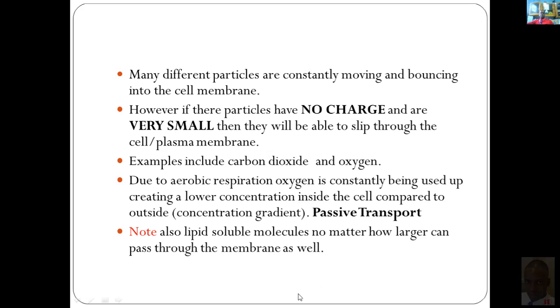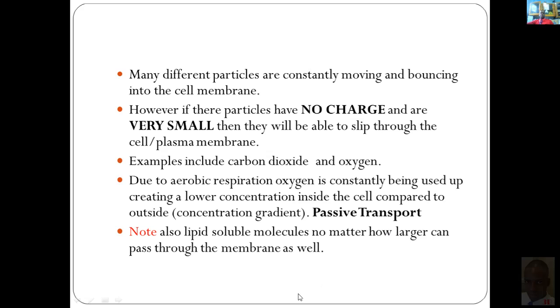Due to aerobic respiration, oxygen is constantly being used up, creating a lower concentration inside the cell compared to outside the cell. So there we get our concentration gradient. Alright, and if we get that concentration gradient, then it means that the oxygen will always diffuse down its concentration gradient, and hence it will diffuse into the cell.